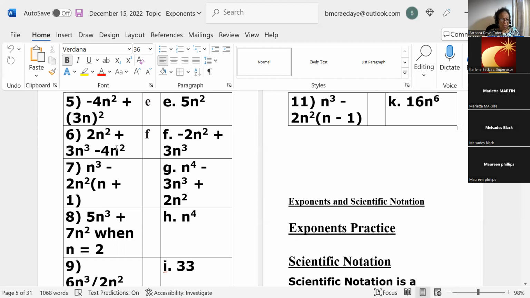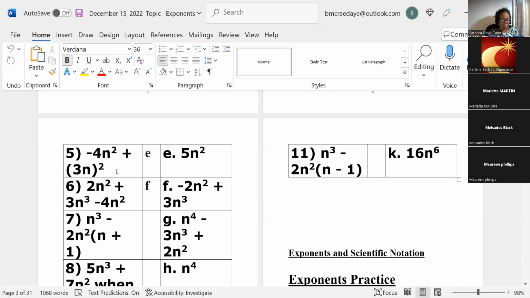Number 7 is n to the third minus 2n to the second times n plus 1. So which one matches it?